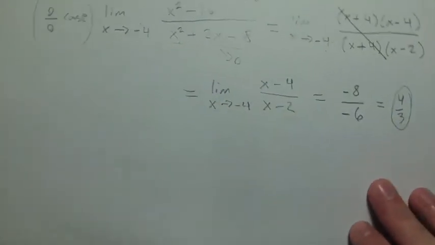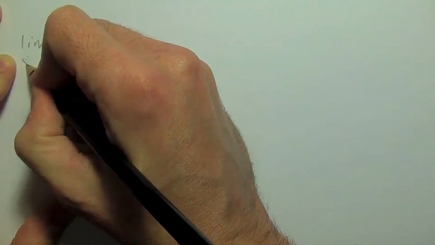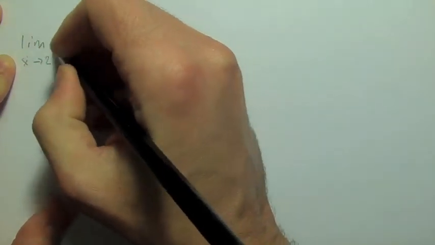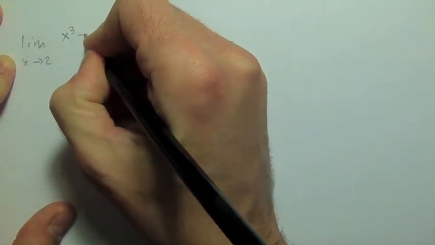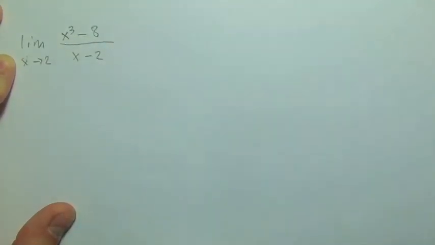Right, so let's look at another example. Let's look at the limit as x goes to 2 of x cubed minus 8 all over x minus 2.